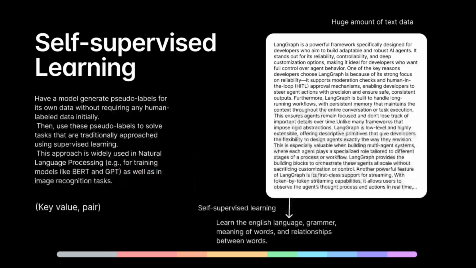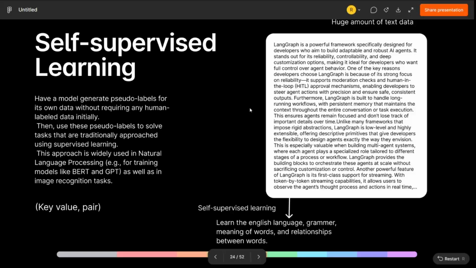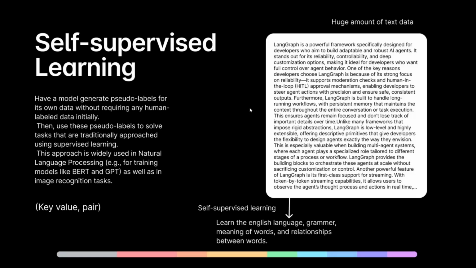Great. So also here we have self-supervised learning, where, as you see, there is a huge amount of textual data, and we have Langraph Wikipedia content. By using this textual data, we try to convert it into a format that is labeled data. Suppose we get the input as 'Langraph is', and after that 'Langraph is a powerful', which could be the output data.